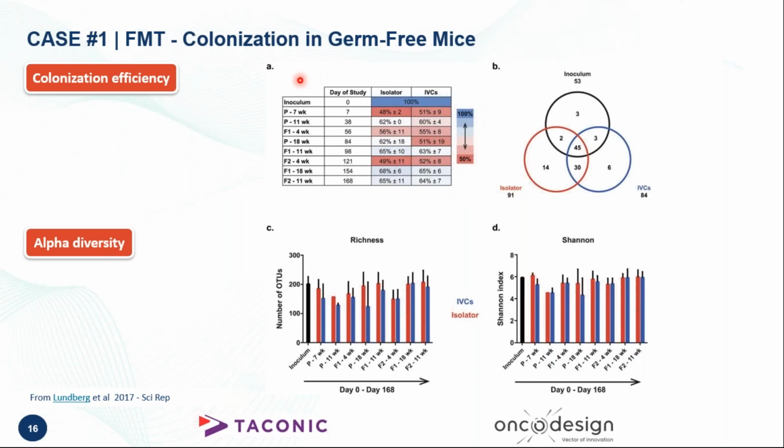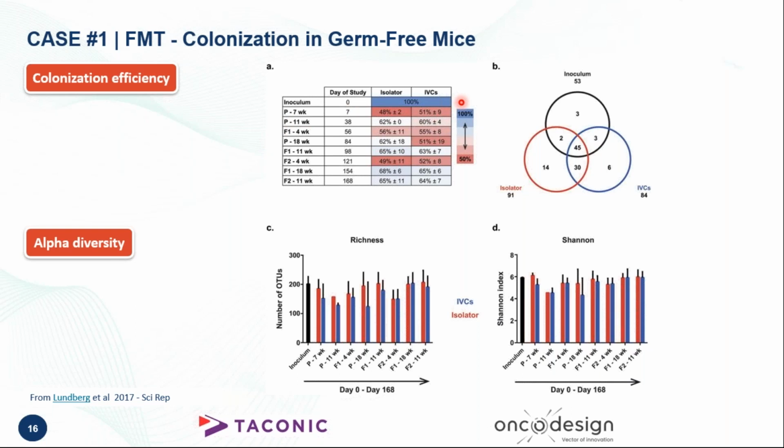Within each of these time points, we identified the number of taxa on the genus level in those recipient animals. We determined the fraction compared to the taxa of the inoculum, meaning from the black C57 black 6 intact mice.